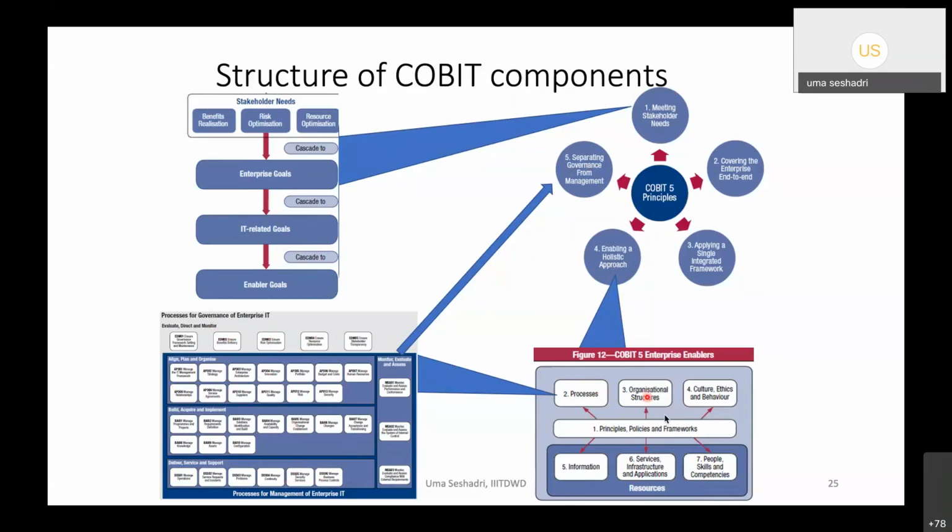They look like this. Some of them are processes, some of them are policies, some of them are organizational structures, some of them are actually information. So you can always break down these enablers into further levels separately. But there is a clear distinction between the governance and also a clear distinction between the management of these.